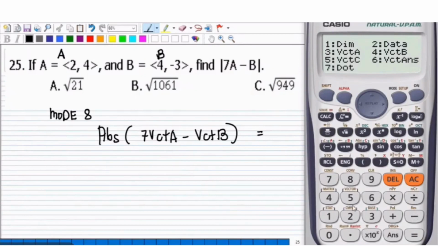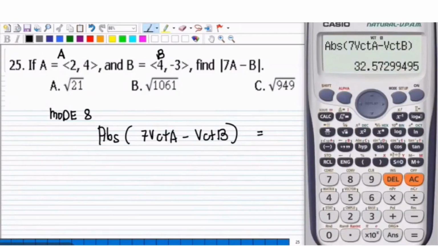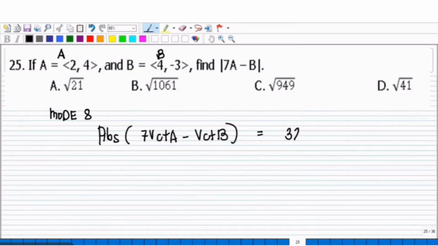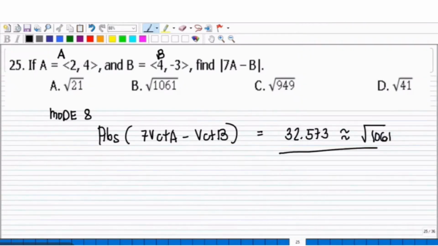Minus shift vector, okay, vector B. So this is equal to 32.573. Or that is approximately equal to square root of 1061. Pakicheck nga po. The square root of 1061, is it equal to 32.573? The answer is yes.